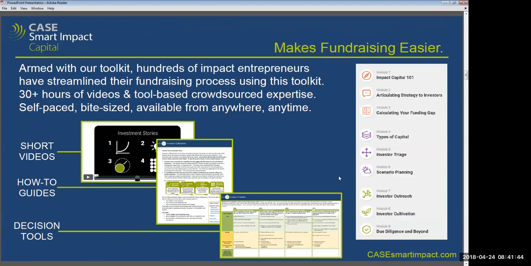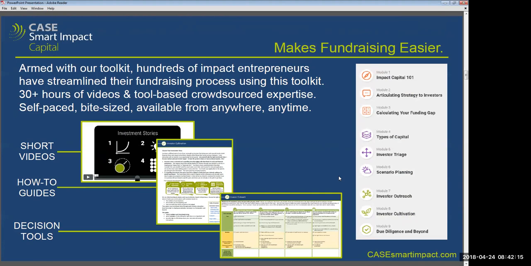So what I wanted to start with is, what is this thing called CASE Smart Impact Capital? It's a toolkit that we created over 3 years. The gist was that we realized we were running our own accelerator for health ventures in Africa, and that as impact entrepreneurs approach their fundraising journey, there are a lot of steps along the way that some of them skip, and there are common mistakes and pitfalls.